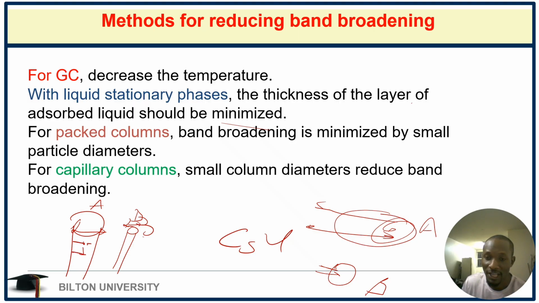It has to spread, so it is going to spend more time, unlike here, where it is going to spend less time. So with the capillary columns, make sure that you reduce the column diameter, and for the packed columns, reduce the diameter of the packing materials.